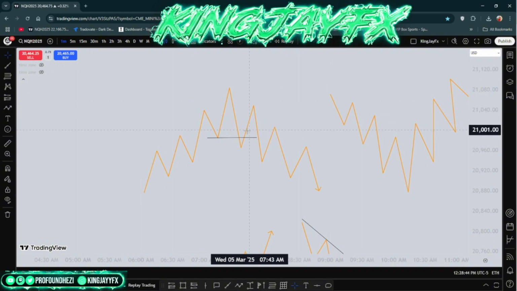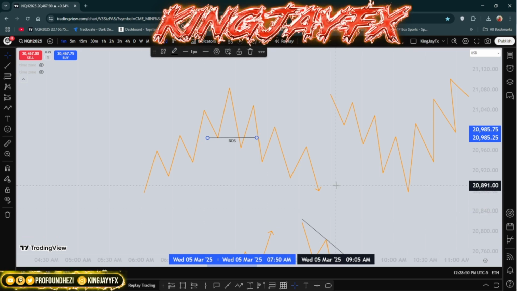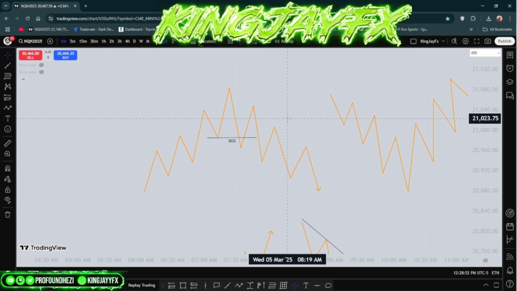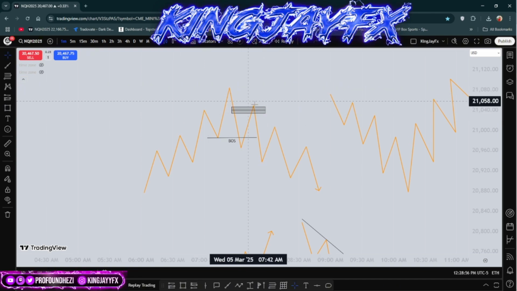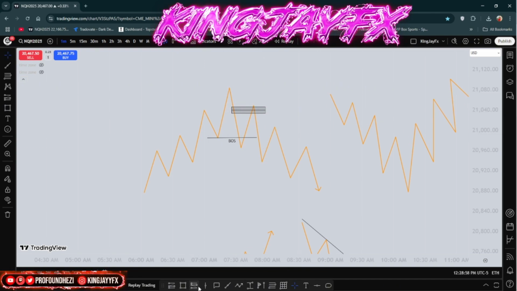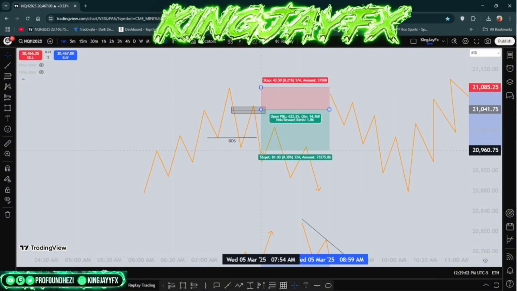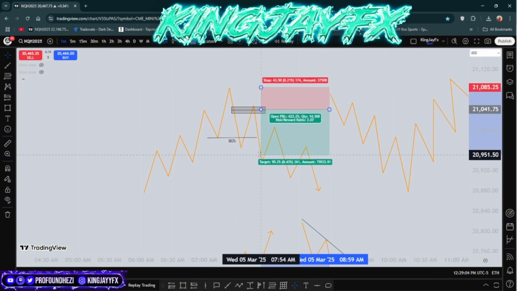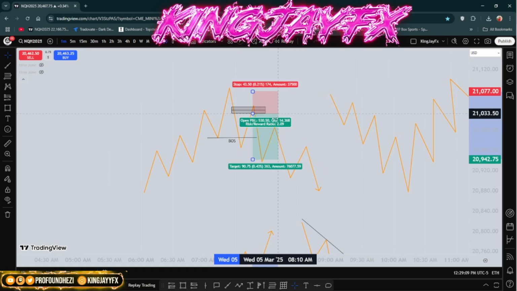This is where I would mark it out, and not how I teach all my students to mark it out. You would mark this as a BOS, which is considered a break of structure. Within every break of structure, we understand that a fair value gap, order block, or something is probably going to be here for us to reject off of, to be able to get into the trade that we're looking for, to look for a target of about a 1 to 2, as you can see here.